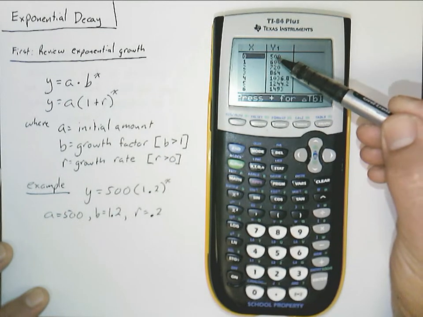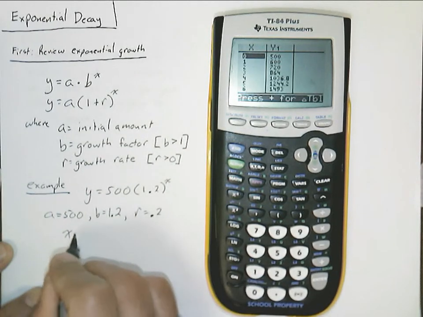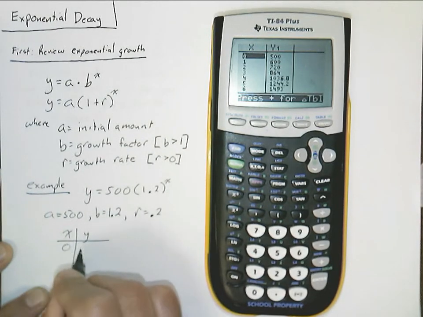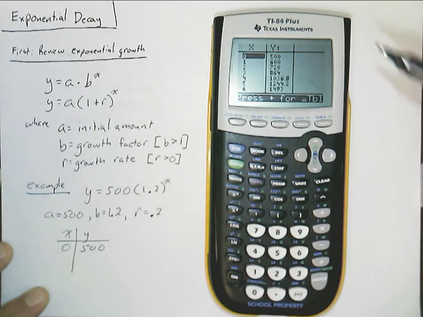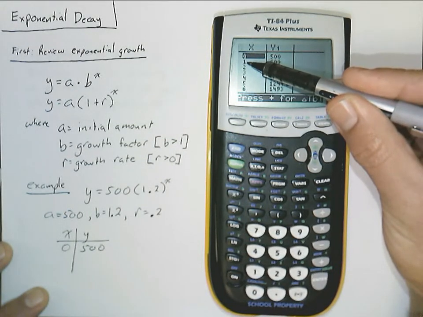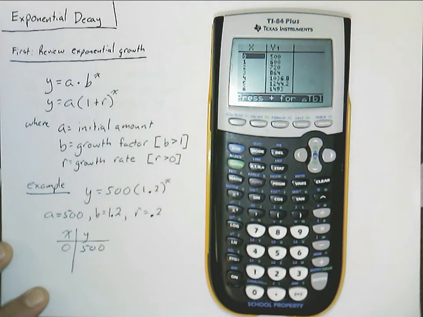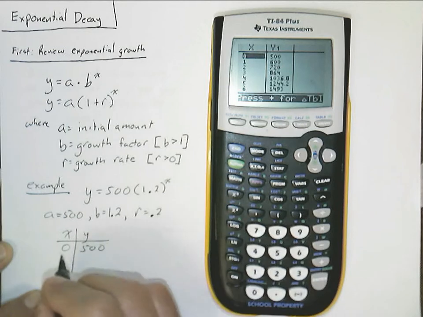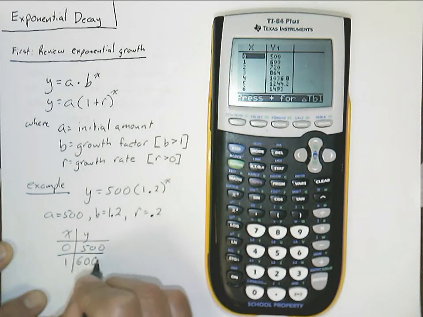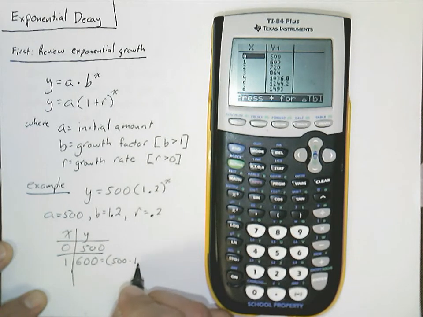We haven't started growing yet. After 1 time period, we get a population of 600, which is 20% more than 500, right? Because 20% of 500 is 100. So we increase by 20%. 500 times 1.2.